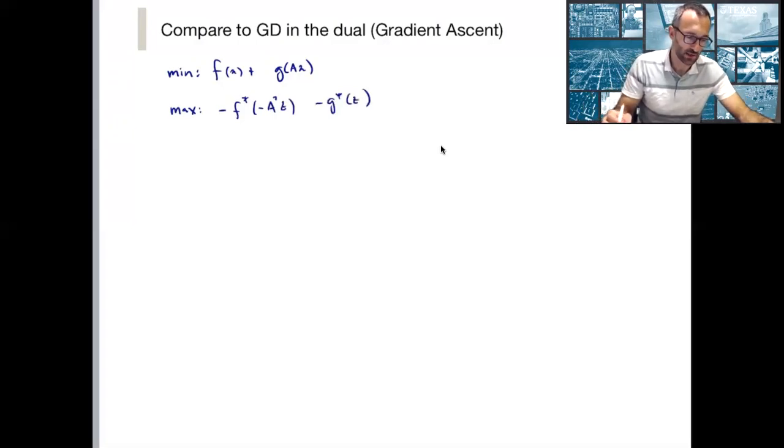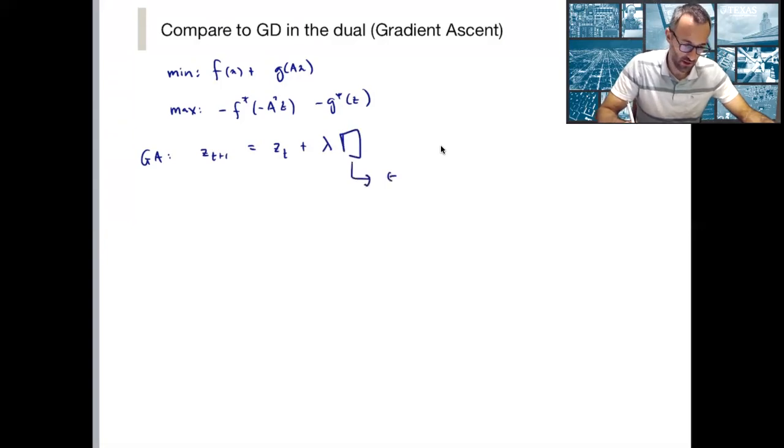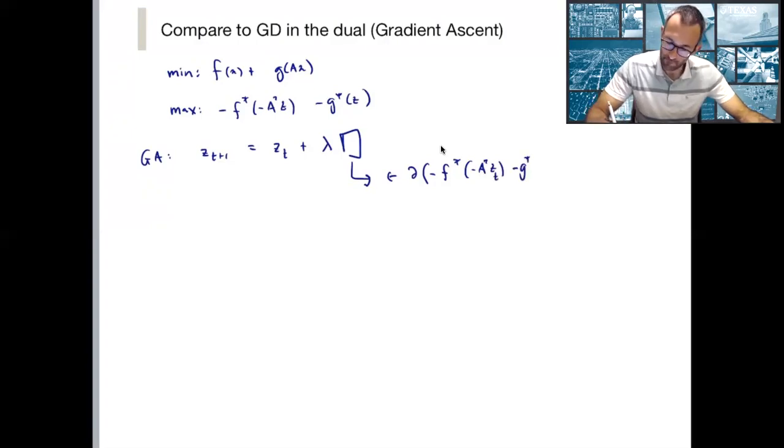And gradient ascent tells me that z_{t+1} is equal to z_t plus lambda times something that is an element of the subdifferential of the whole thing, minus f star of minus A transpose z_t minus g star of z_t.